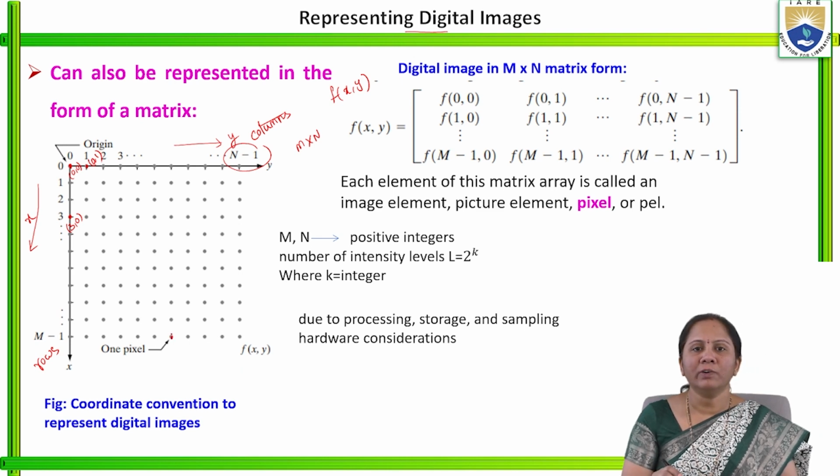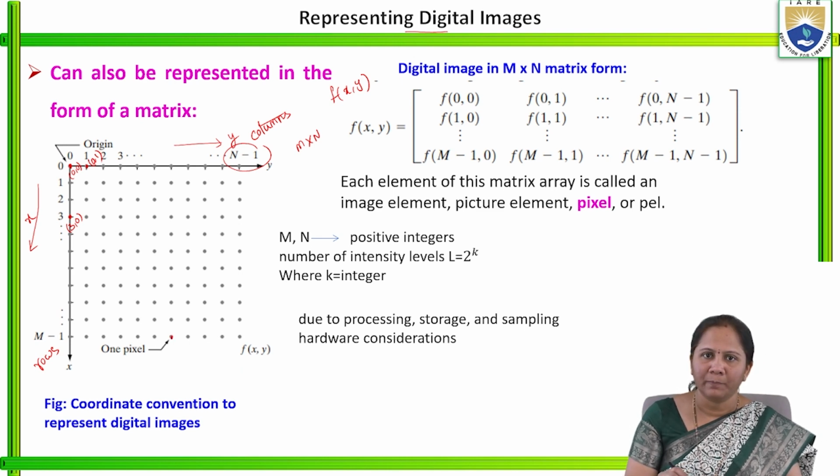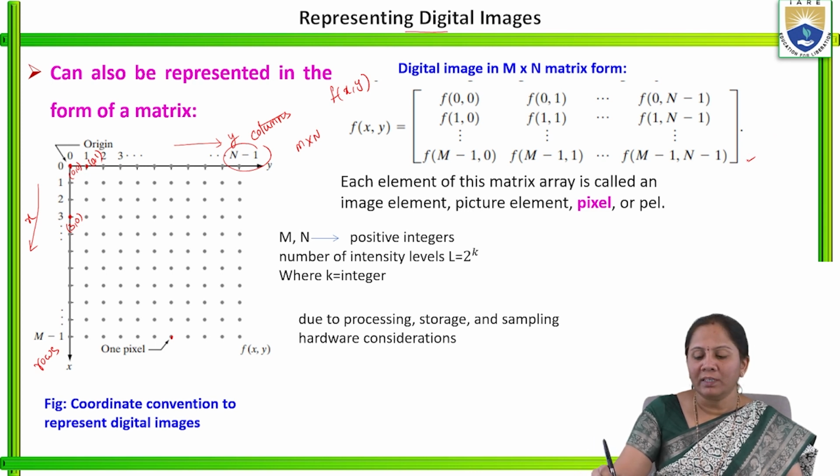These are the values of one particular pixel, and the same can be represented in the form of a matrix. The size of the matrix will be m by n, where m represents the number of rows and n represents the number of columns.